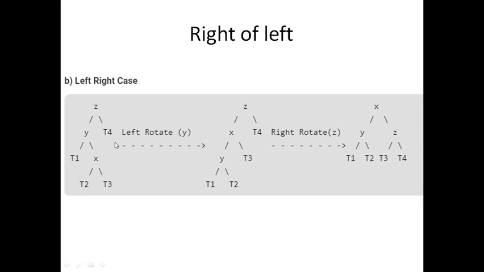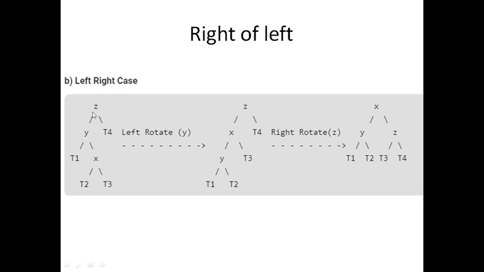So there is a difference of 2, which means it is unbalanced, and it is unbalanced in the left subtree. But within the left subtree of Z, we have unbalancing in the right subtree of Y, which is what we refer to as right of left.